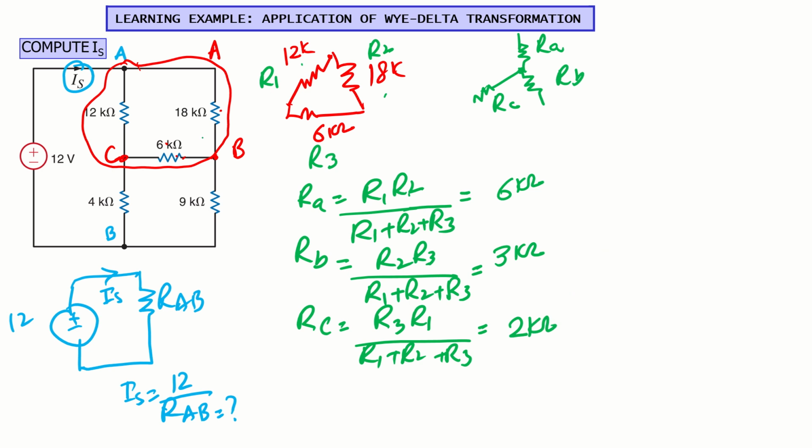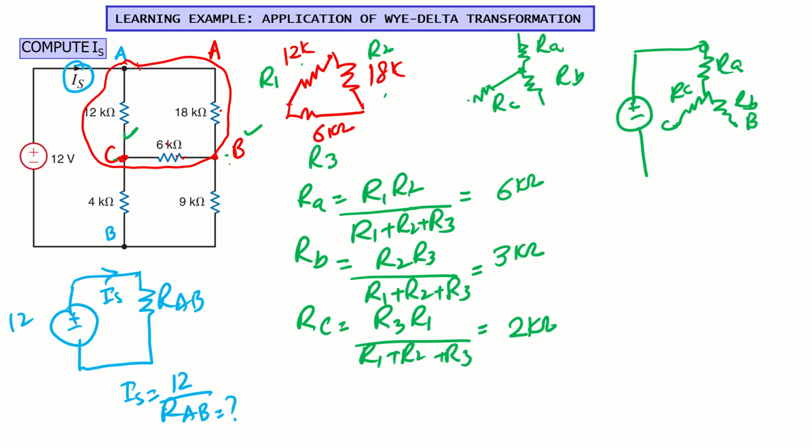So it means I can redraw my circuit. So if I redraw this circuit, how will it look like? Like we have a 12 volt here. So this is my point. Okay, so here I have this RA, here I have RC, and here I have RB. Okay, so this is node B and this is node C as per this.